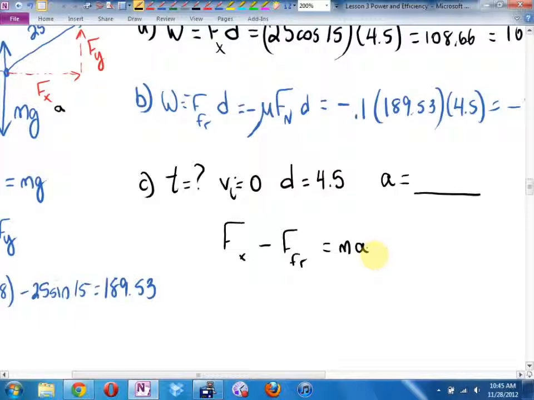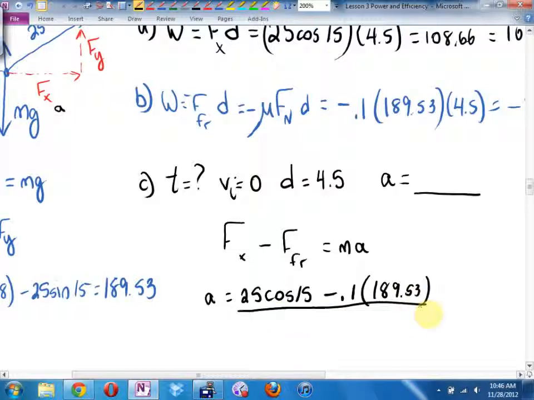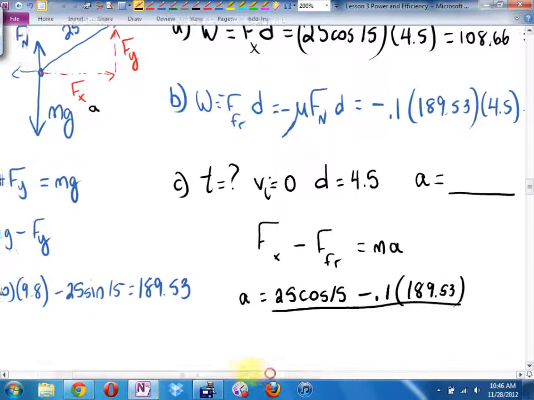We could say that the acceleration is Fx, that was 25 cos 15, minus mu times the normal force, which was 189.53, all divided by, what was the mass? 20.